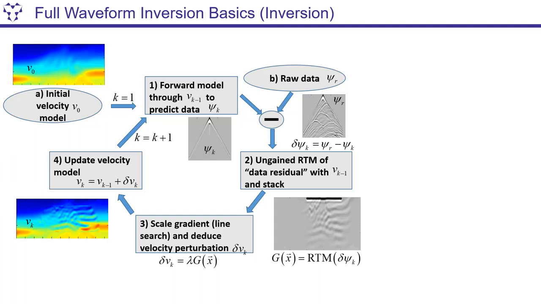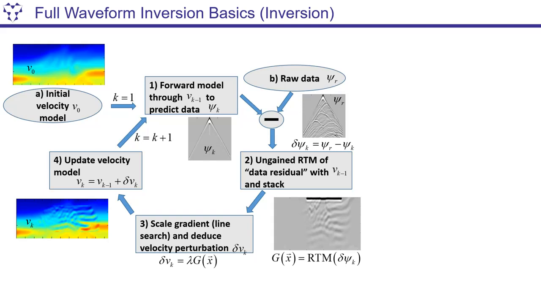Let us review the procedure for full waveform inversion. The initial velocity model that may be obtained, for example, from tomography, is lacking the high-resolution details that produce the reflections. So when we predict data using this velocity, we don't predict all the reflectors that the observed data contains.